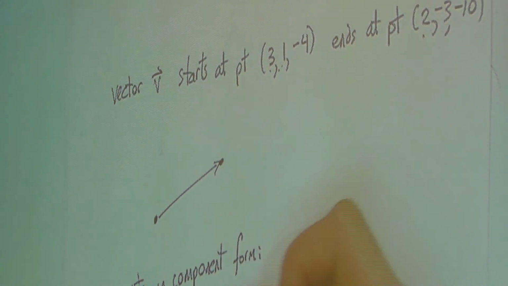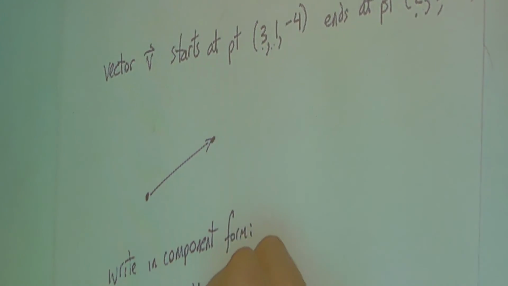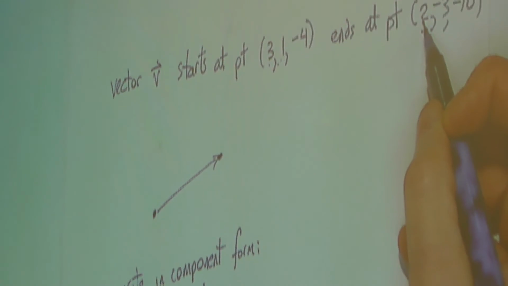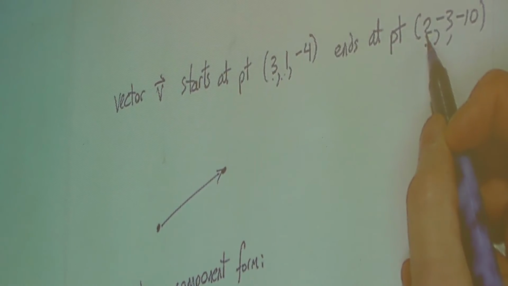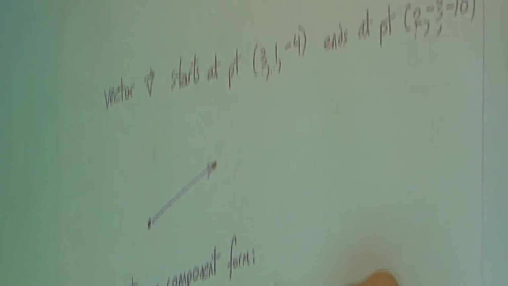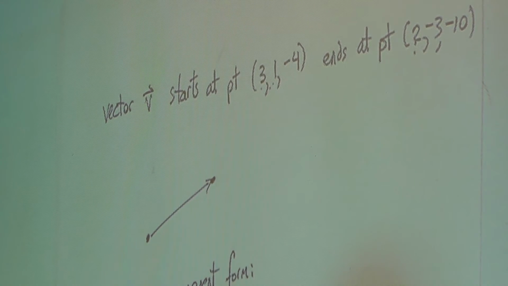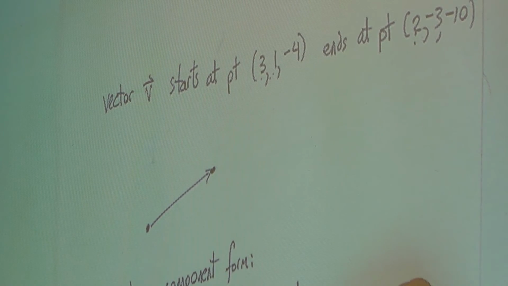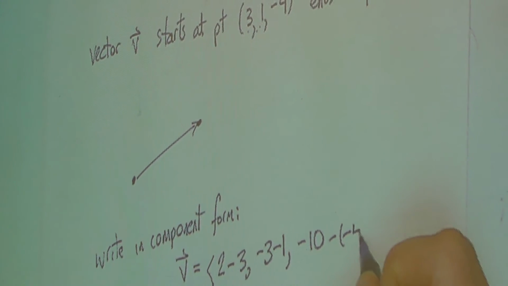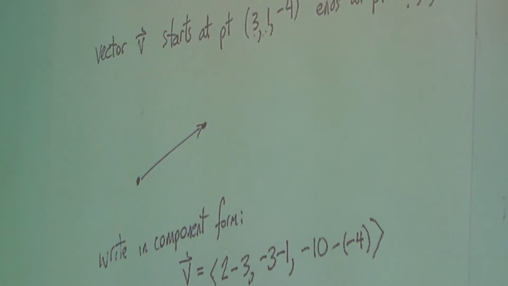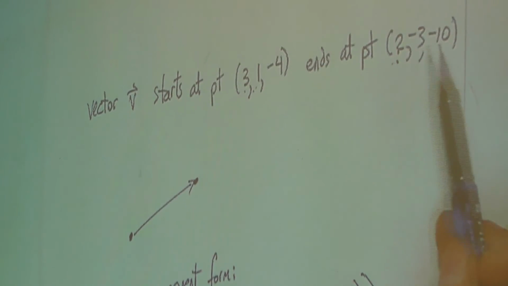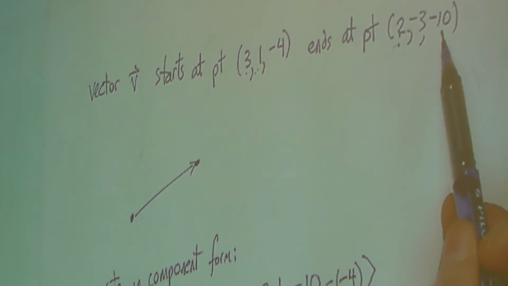So the vector v, I would get its components by going, here's the ending point, so going 2 minus 3, minus 3 minus 1, and then minus 10, minus a negative 4. Make sure you begin at the place where the vector ends.